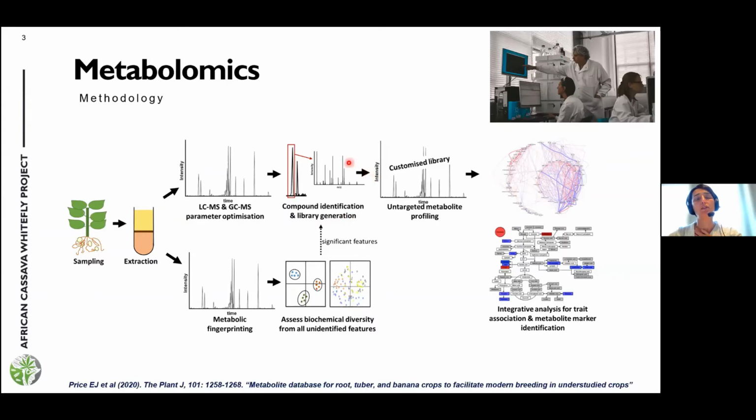Then only those that differentiate the different genotypes or treatments under study move to the identification pipeline. That enables us to build customized libraries for specific crops, to map those changes into biosynthetic pathways, and to integrate the information with other omics data sets, so we can establish correlations between metabolites and genes or transcripts. The second approach is more specific for specific applications, and it covers targeted analysis of specific sections of the metabolome.